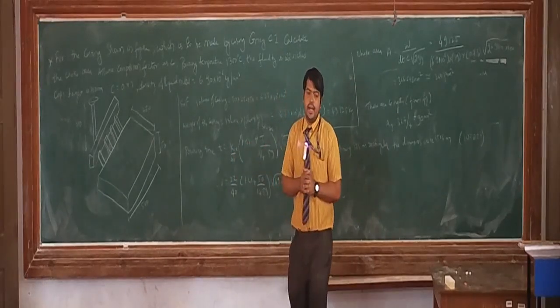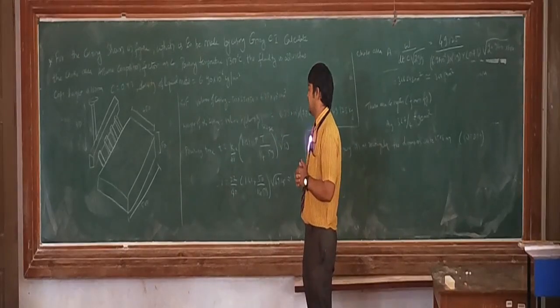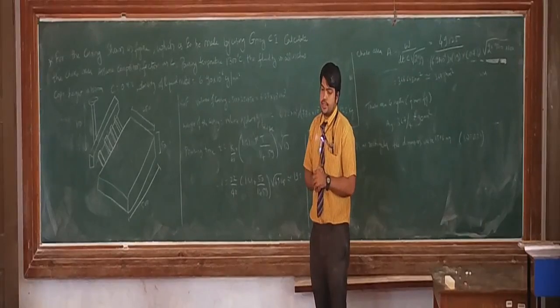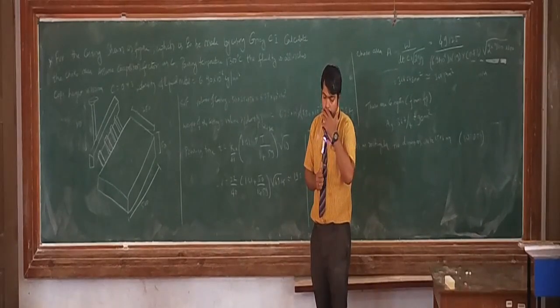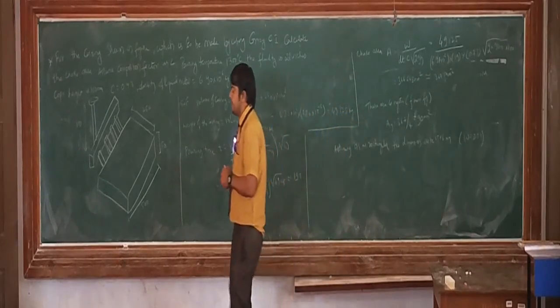Then we have the pouring temperature given as 1300 degrees Celsius, as well as fluidity given as 22 inches. Fluidity is used in order to find the pouring time. Prior to that, we need to find out the weight of the casting.